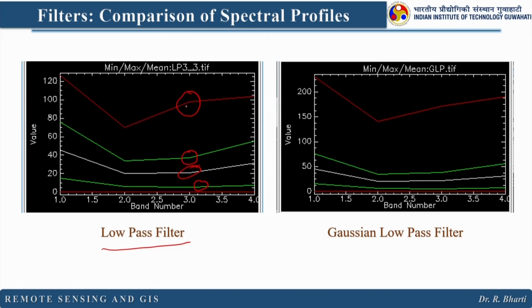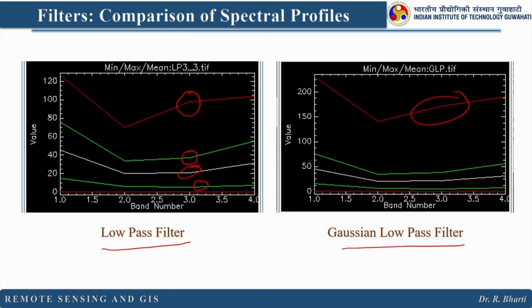But when we apply the Gaussian low pass filter, this has disappeared. Why did it happen? Because my image did not have a Gaussian distribution of low frequency DN values. So you have to be very careful when selecting a Gaussian low pass filter for your image.